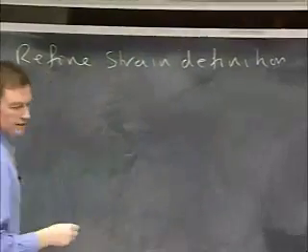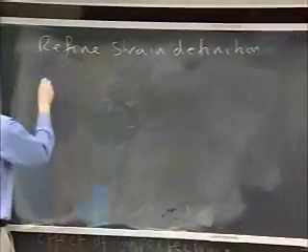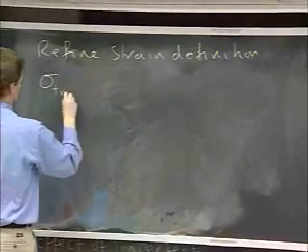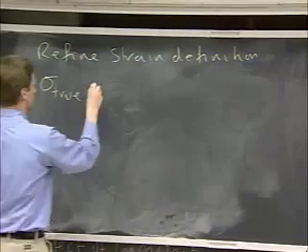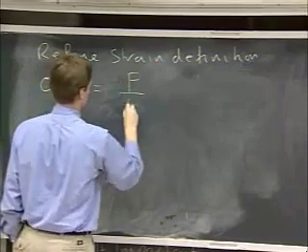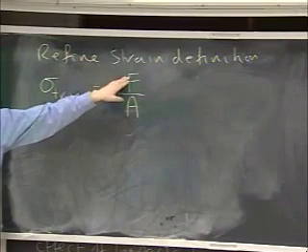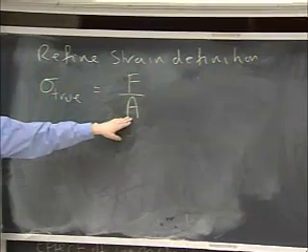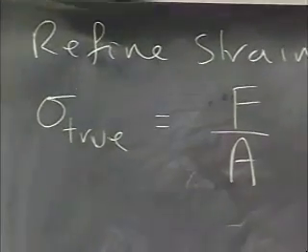And introduce the idea of a true stress and a true strain, as opposed to what I had here, which are the nominal stress and strain. It really couldn't be simpler: the true stress is the actual force over the area at that amount of deformation.